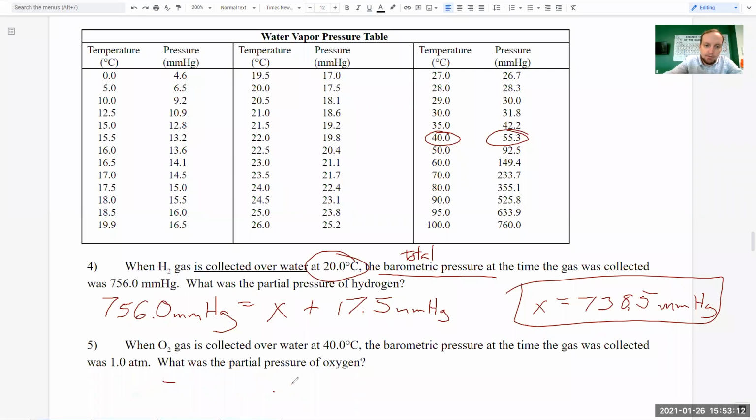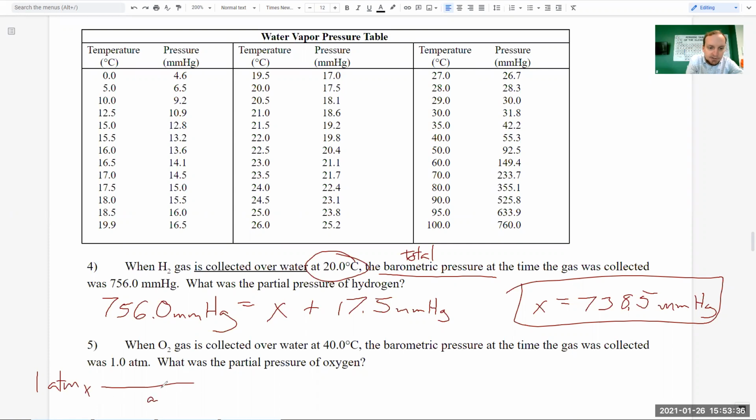All right, so we have a little bit of a curveball thrown at us. So I'm going to erase all of this because notice I was not careful enough. And notice that all of these are in millimeters of mercury. So we are going to have to convert our atmospheres into millimeters of mercury. So let's do that first. Okay, so if we have 1 atmosphere, I'm going to do a dimensional analysis.